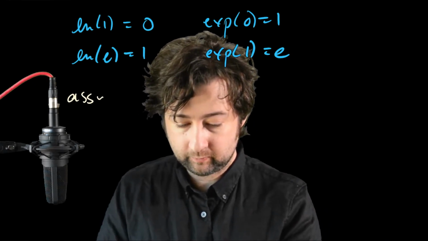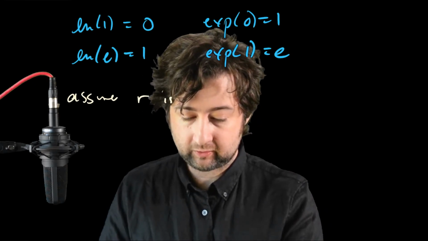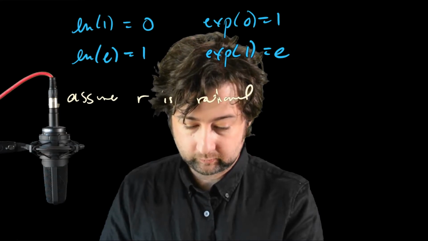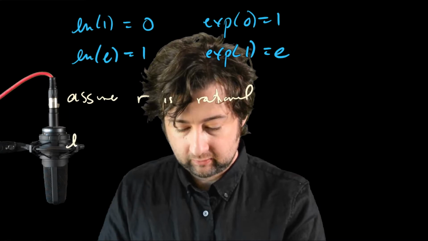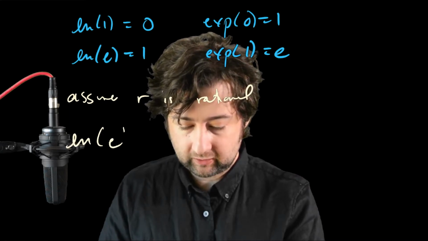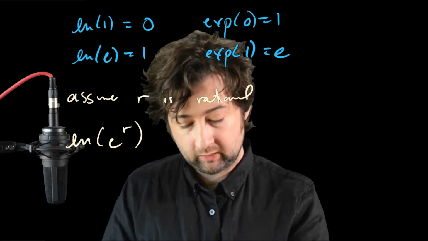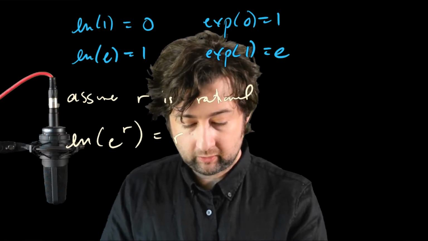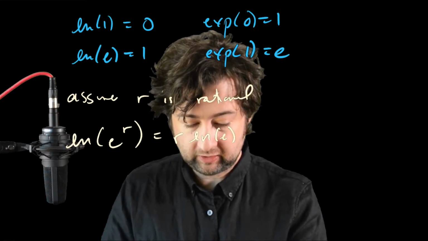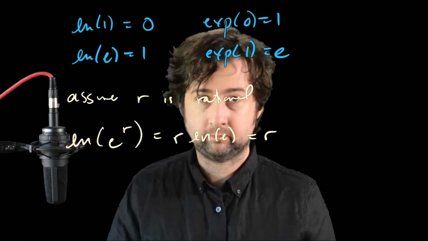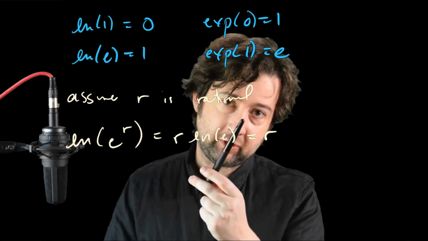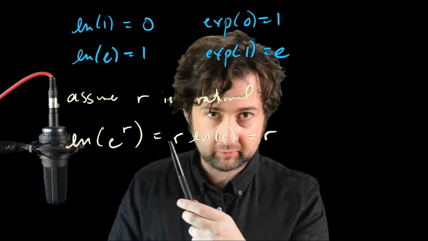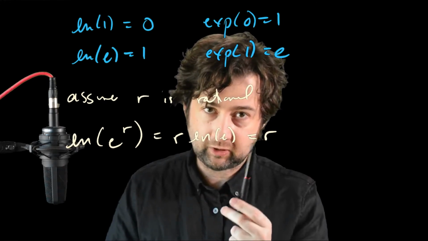So let's assume that r is rational. Then it must be the case that the natural log of e to the r is equal to r times the natural log of e, which is just r. So if we stick in e to the r, then bringing the power down, at least when r is rational, forces the output to be r.